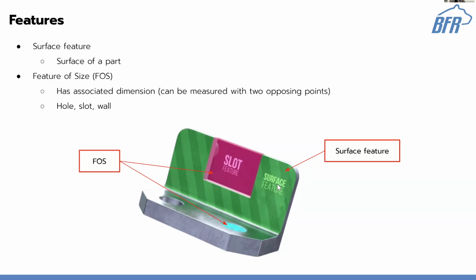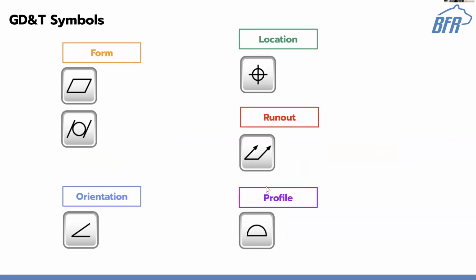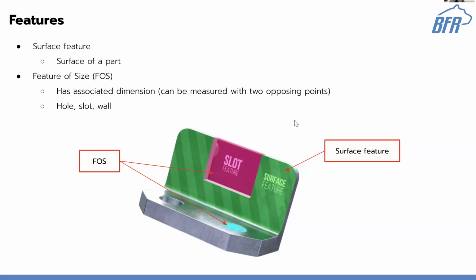While this green thing is a surface feature, if I took the distance from this wall to this outer wall, that's now a feature of size. So anything you can really apply a dimension to. A hole can be positioned around, and it also has its diameter, which makes it the most common feature of size that you'll see GD&T used for. That's what I mean if I refer to features of size.